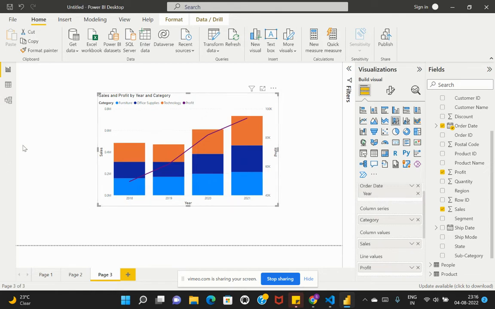These combo charts can have one or two y-axes. In this example, there is one y-axis for this measure and another y-axis for the second measure, so that you can compare two different measures together on the same visual.